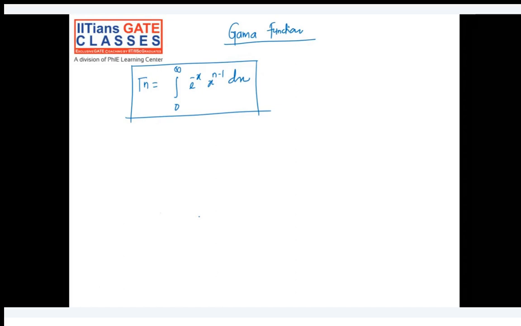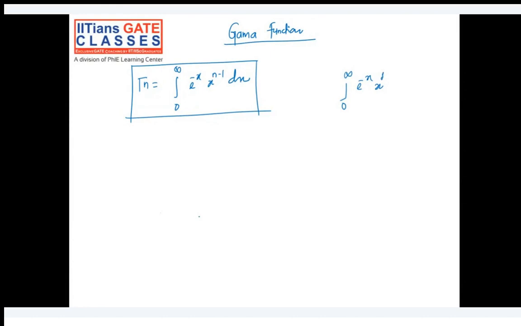So for example, integration 0 to infinity e to the power minus x, x raised to the power 1, for example, dx.